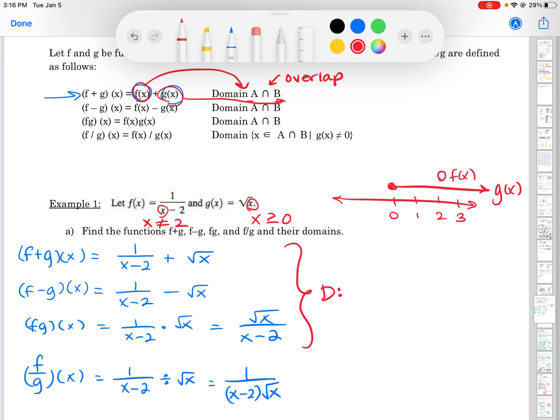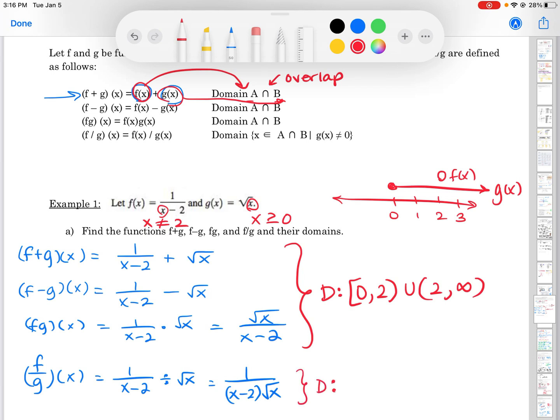I need to make sure I'm following both of those rules. So the overlap is all of the numbers greater than or equal to 0, but not 2. We'll go from 0 to 2, but skip over it, and 2 to infinity. There's my domain.